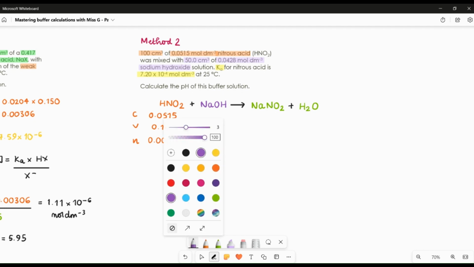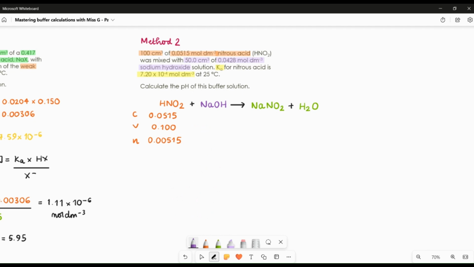For my alkali, which has to all get used up, the concentration is 0.0428 and the volume is 0.05. And if I work out the moles of that, by doing concentration times volume, I get 0.00214.